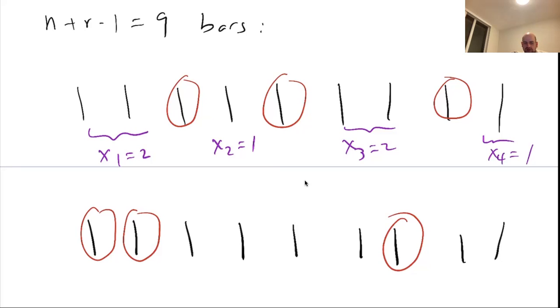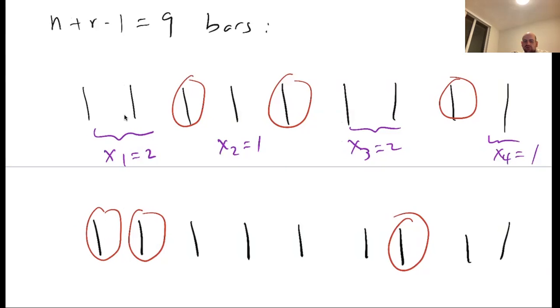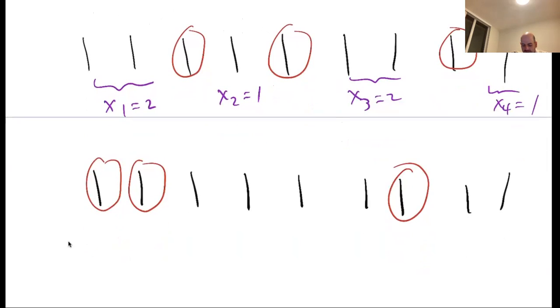The solution corresponding to this choice of 3 bars is what? Well, this is the first selected bar. x1 is, according to what we said, the number of bars before the first selected bar. How many bars do you see before the first selected bar? There is no bar before the first selected bar, so x1 is 0.